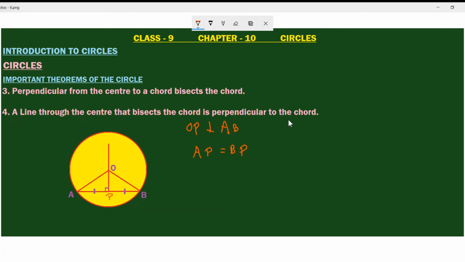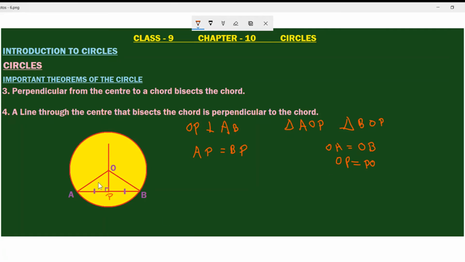So let's take triangle AOP and triangle BOP. Let's write the corresponding equal parts of these triangles. As we know, OA is equivalent to OB, both are radii of the circle. And OP is common, OP is equivalent to PO.